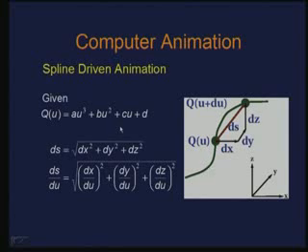Given that I have a cubic spline curve represented in this fashion, which is shown here, let's say at an interval of du on this curve, I have a point Q(u) and a corresponding point Q(u plus du) after the interval du. Now if this interval is small enough, I compute ds, which is the arc length.